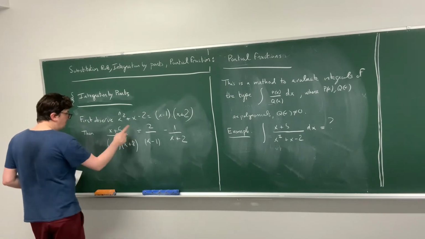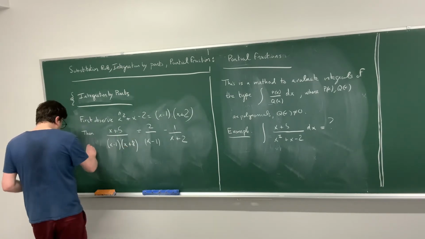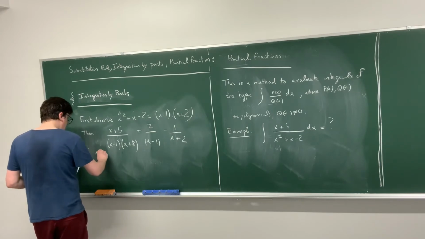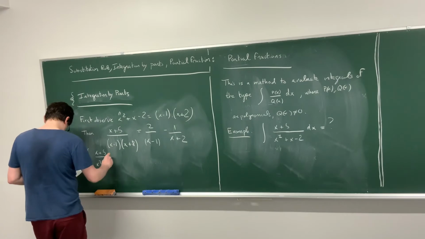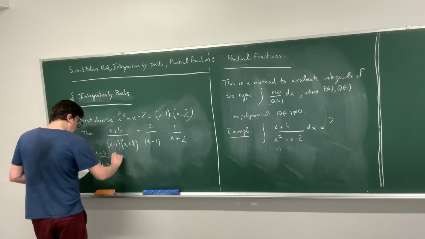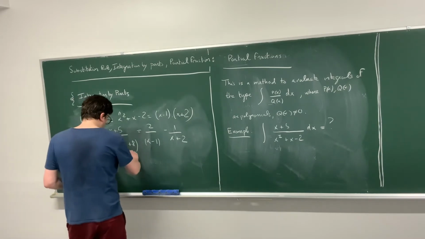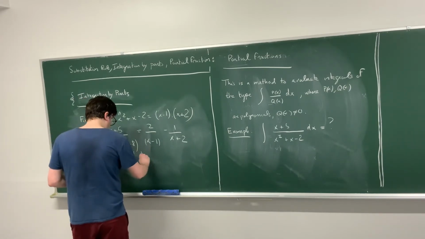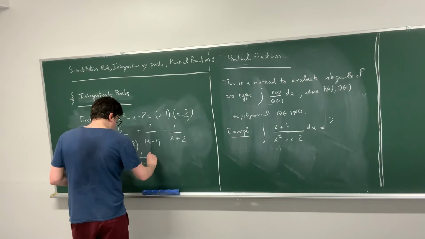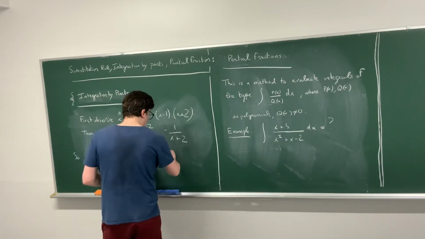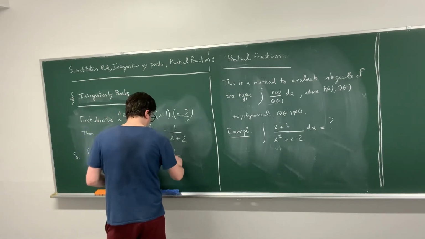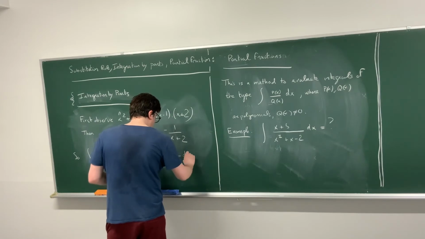Once you have observed this, you can conclude that the indefinite integral will be 2 times the antiderivative of 1 over x minus 1 dx, minus the antiderivative of 1 over x plus 2 dx.